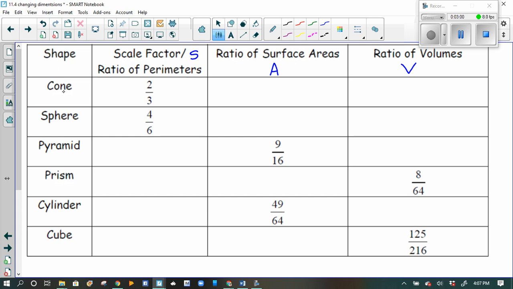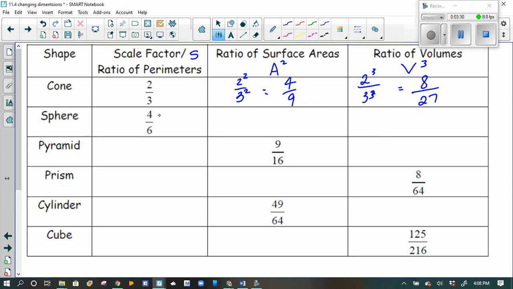So if a cone, and we don't care about the dimensions, we just know the scale factor is 2/3, then this is 2 squared over 3 squared, so that would be 4/9. The volume would be 2 cubed over 3 cubed, so that would be 8/27. Okay, so side, area, volume.